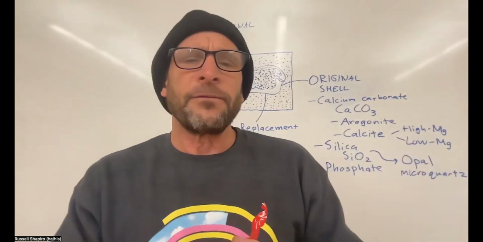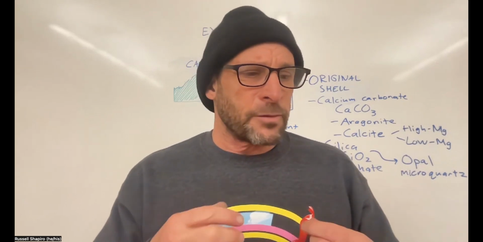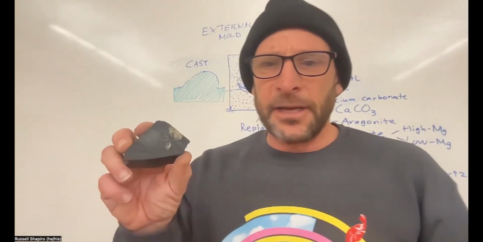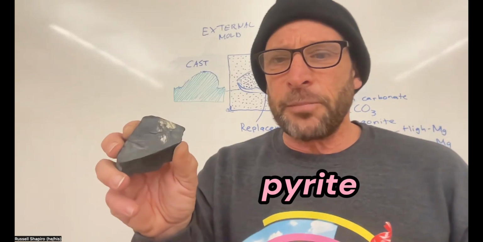Now, what I left off of here were some of those special cases. And one example of a special case is being replaced with a mineral that's from a pretty unique geochemical environment. And so it tells us something really unique about maybe the pH of the waters or the temperatures of the waters, or whether the waters were oxidizing or reducing. And one of the more common ways we see this, again, I hope this shows up in the light, is with pyrite.